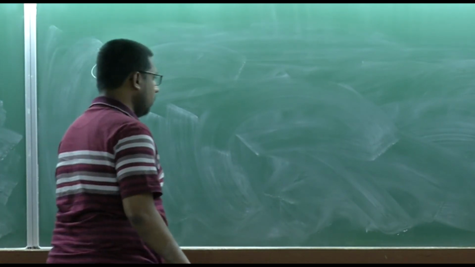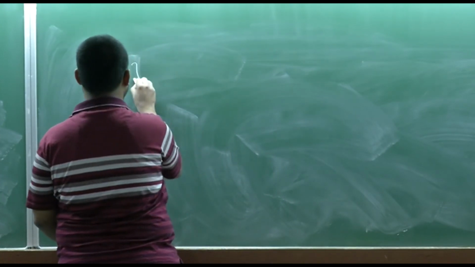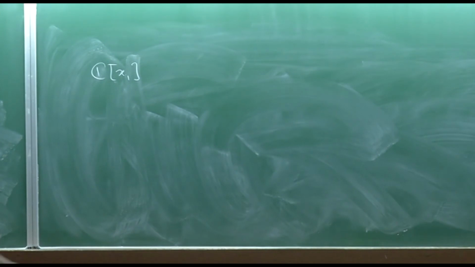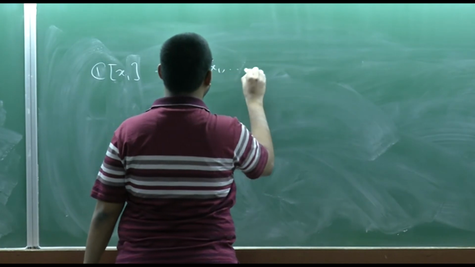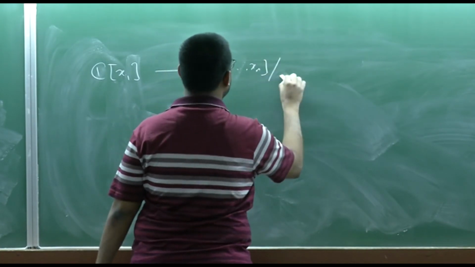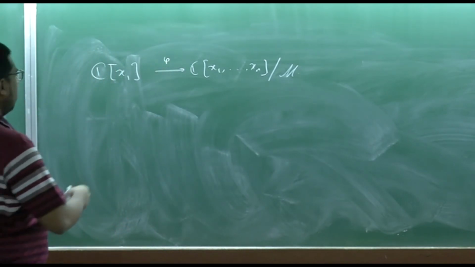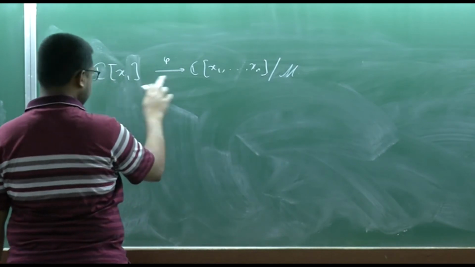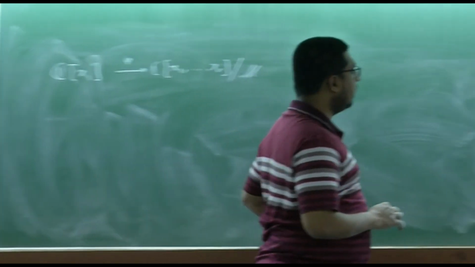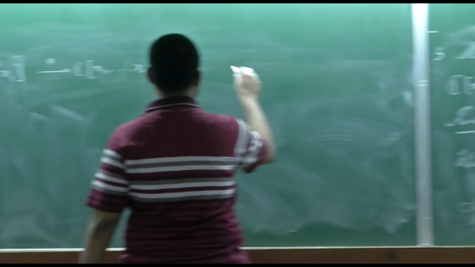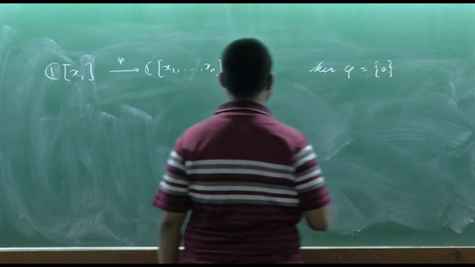For the time being, let's take any C[x]. Let this be called phi, or phi i; for simplicity you can drop the subscript. So what are we going to prove? We are going to arrive at a contradiction if the kernel is trivial.